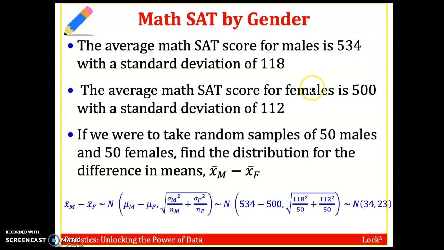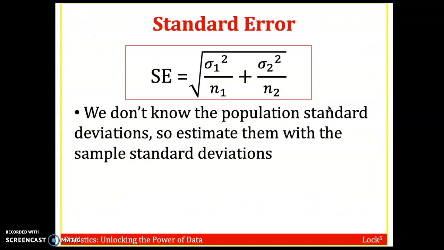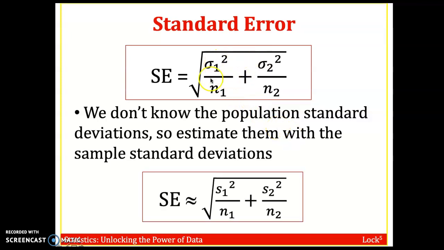Okay, you might be thinking this is nice for a situation like SAT scores, where over a year we actually have population information. Notice these are all population variables, and we're given population information. These are the scores for the entire year. But oftentimes, we don't know the population standard deviations. So instead of using population standard deviations in the standard error formula, we're going to switch to sample standard deviations.